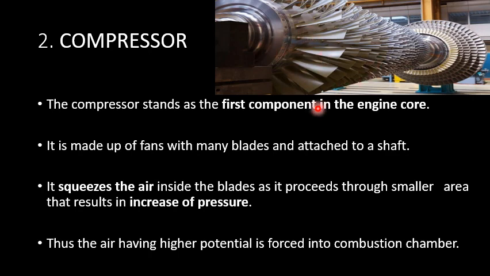What happens in a compressor is that the air that reaches the compressor is squeezed, because as the air proceeds through the compressor, the area of cross section comes to a minimized area. So due to that low area of cross section, the air gets squeezed.